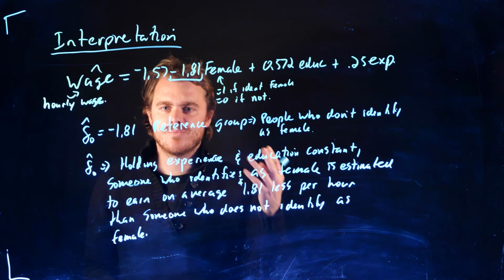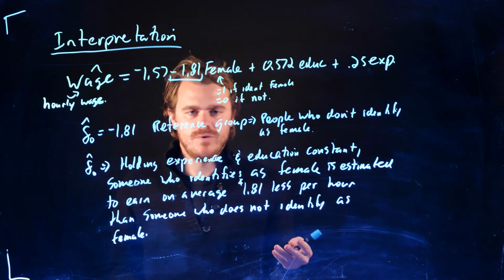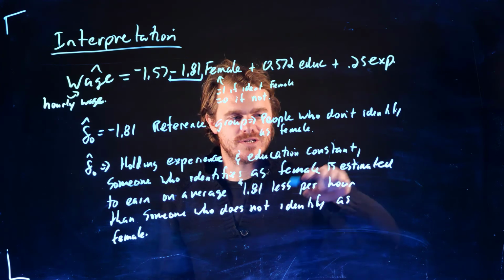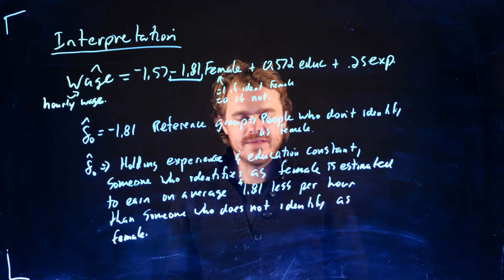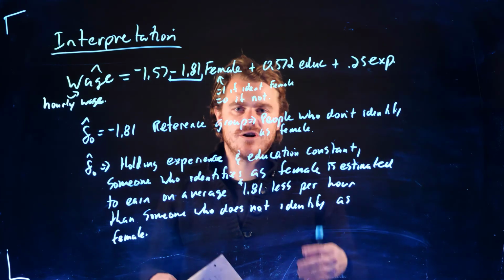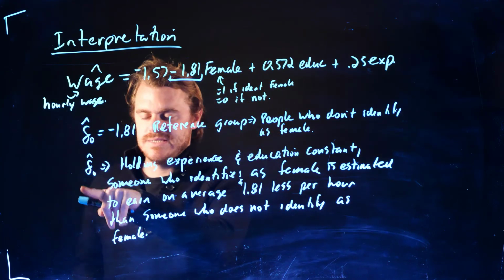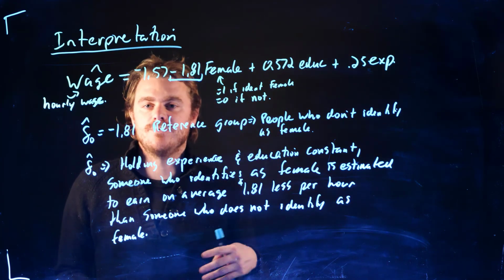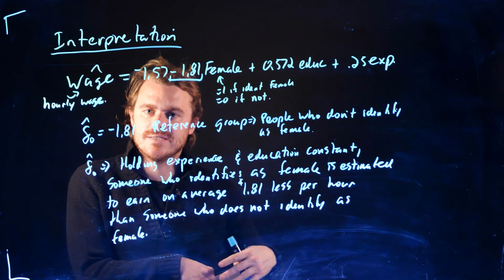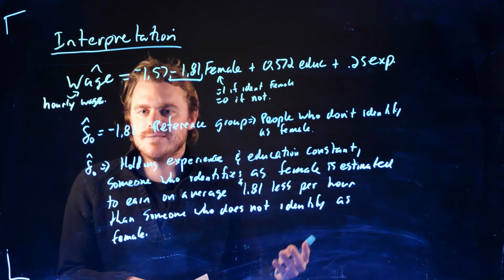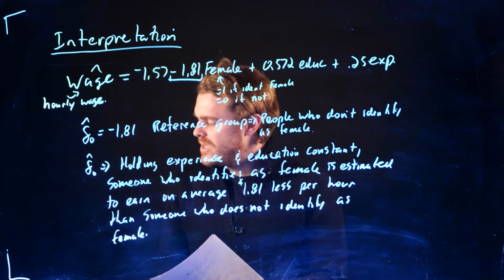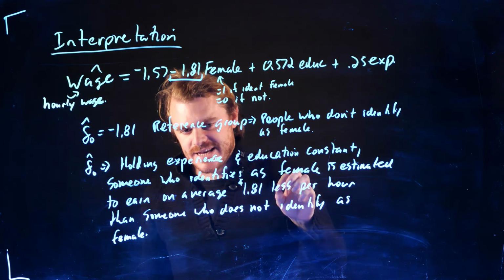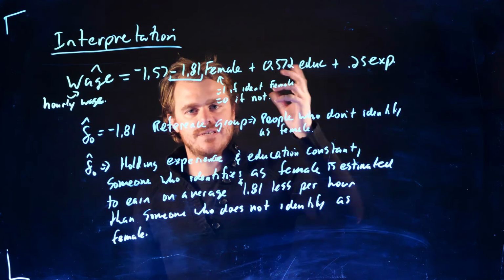So that's how the interpretation works here. You could do the same thing theoretically. All we're doing is getting rid of the estimated, and on average they earn delta 0 different. That's the difference between the earnings of someone who identifies as female and someone who doesn't. So the key thing here is that the interpretation is against the reference group for these dummy variables.